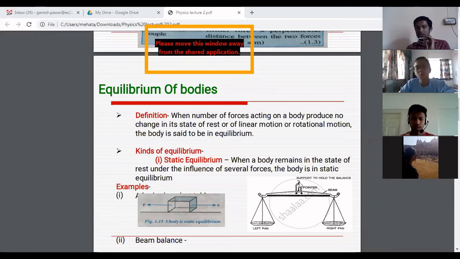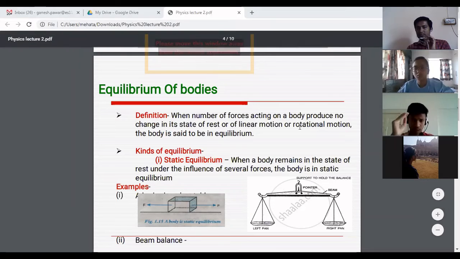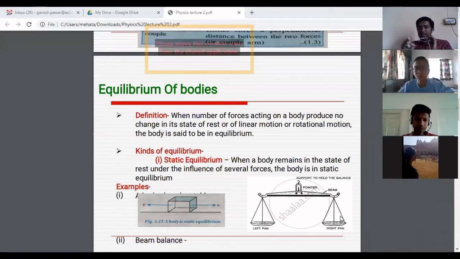This is my pivot. So in this case, if the weight in the right pan is more, I will say that the clockwise movement will be more, because that is going to move it downwards like this. So the pointer will shift to the right.